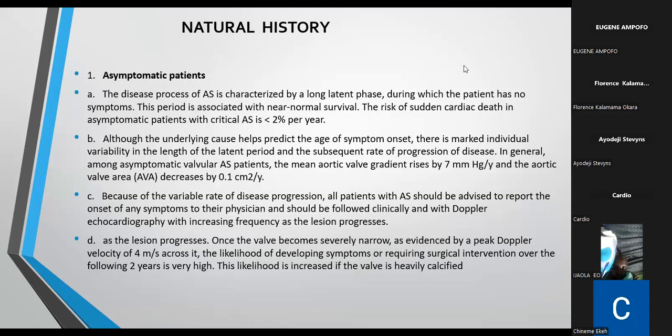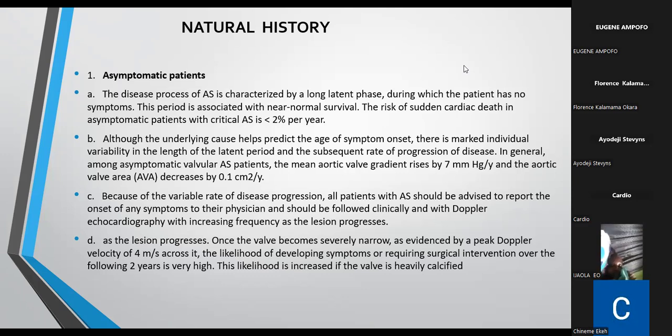Like I said, they have a longer asymptomatic latency period. Because of the variable rates of disease progression, all patients with AS should be advised to report the onset of any symptoms to the physician and should be followed clinically with echo with increasing frequency as the lesion progresses.